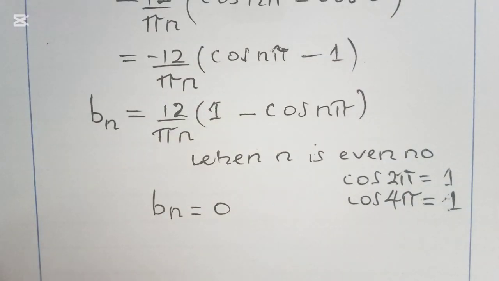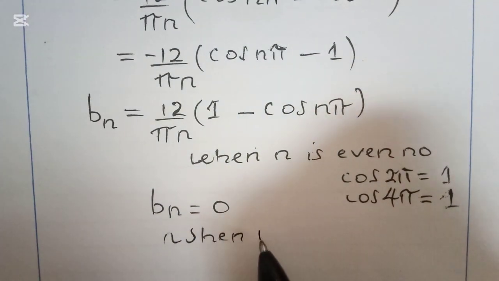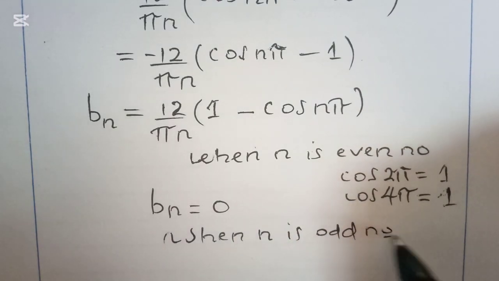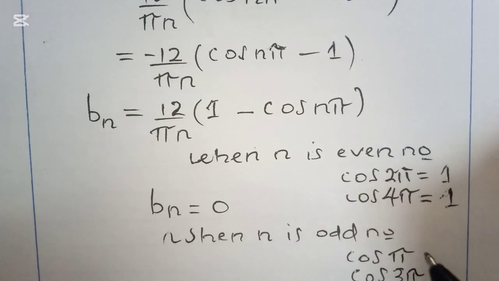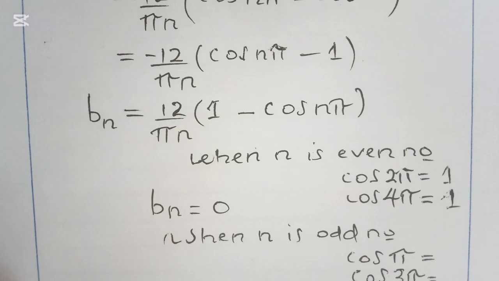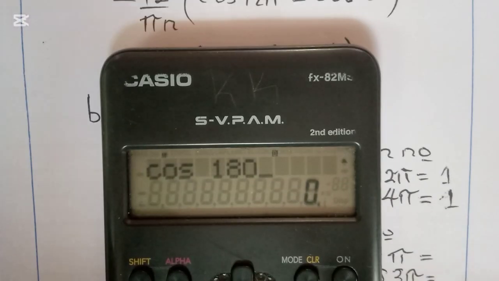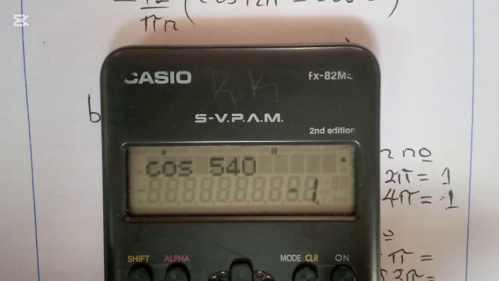This one is going to be for when n is an odd number, that is cos pi and maybe cos 3 pi. This one is 1 pi and 3 pi. Cos pi, that is cos 180, gives us -1. Cos 3 pi, that is cos 540, gives us -1.